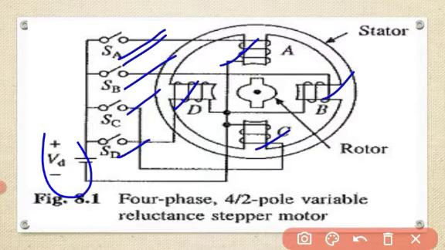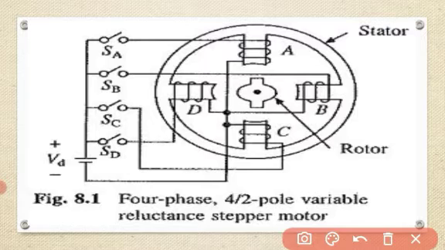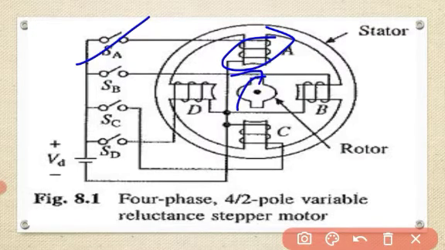So let us understand what happens when we excite pole A. When A is excited, the reluctance torque causes the rotor to turn until it aligns with the axis of phase A. So this rotor aligns with A. The rotor is stable in this position and cannot move until phase A is de-energized.